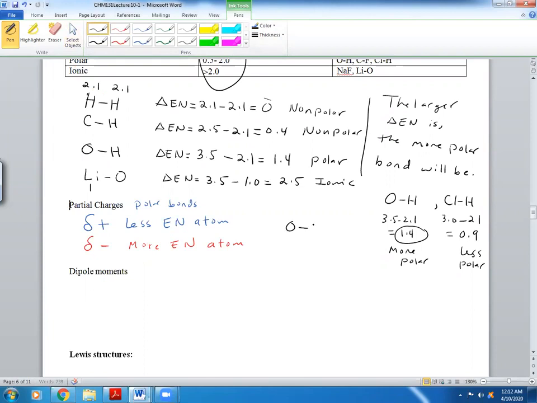So if I have OH, 3.5 for O, 2.1 for H, where does the delta plus, delta minus go? What do you think? O is more electronegative, so that's going to be delta minus. H is less electronegative, that's going to be delta plus.